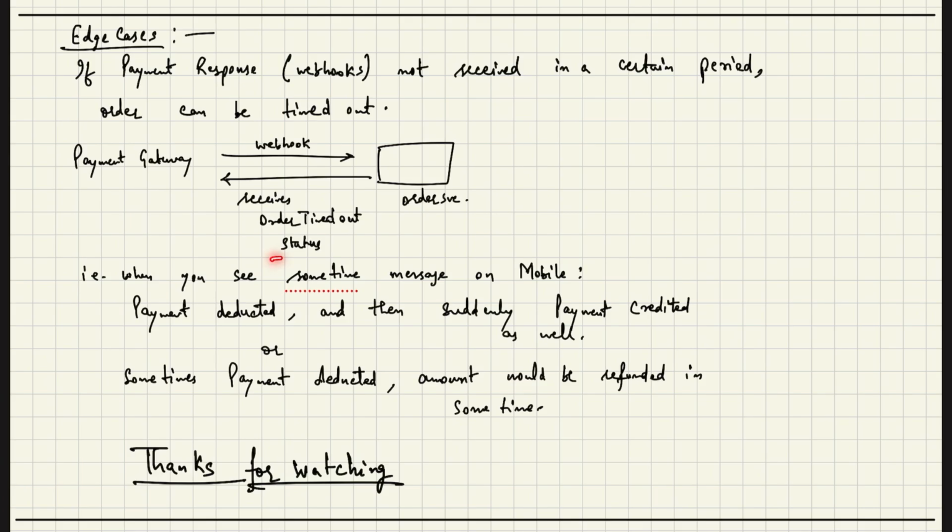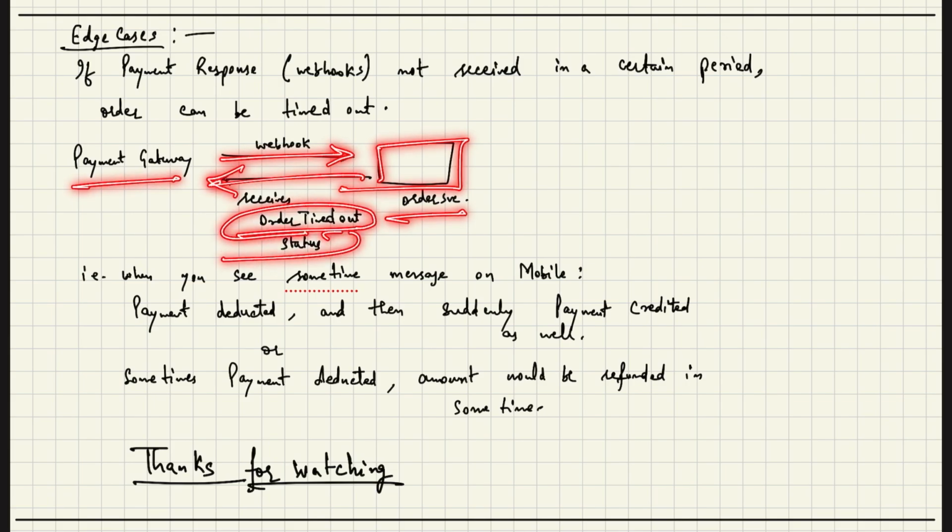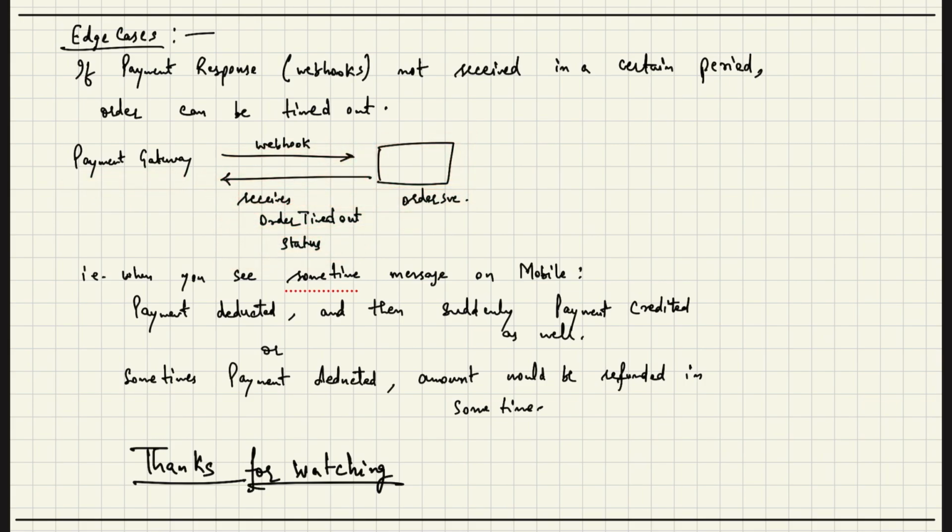Now, when the payment gateway actually invokes the webhook, the order service would respond that the order has already timed out. That is why you sometimes see messages on your mobile that payment was deducted, then suddenly see the payment credited back immediately, or the message that payment was deducted and the amount would be refunded in some time.